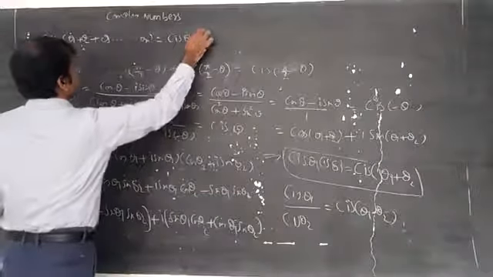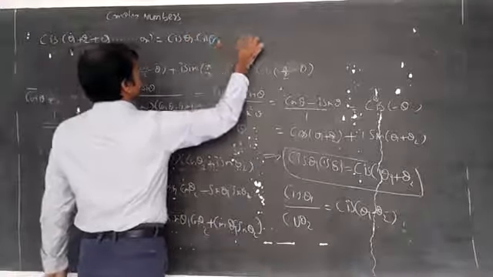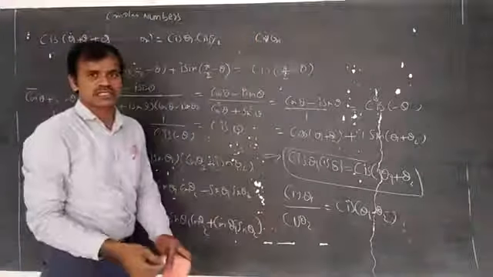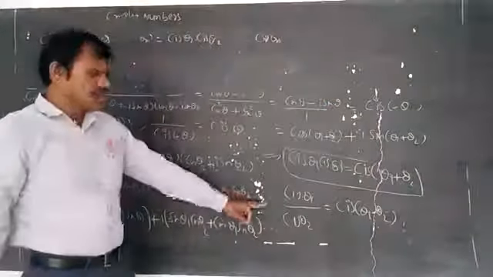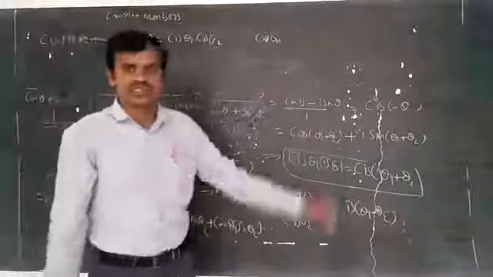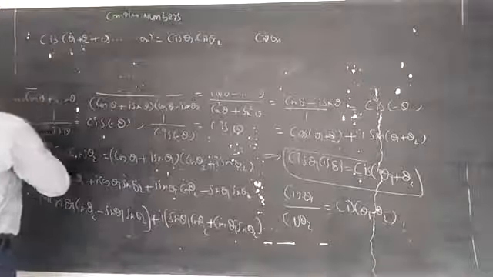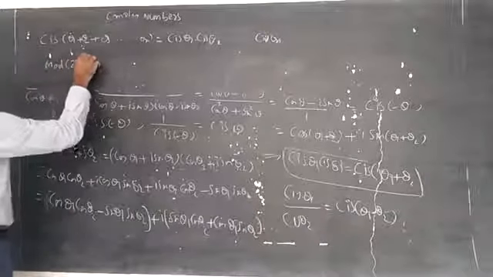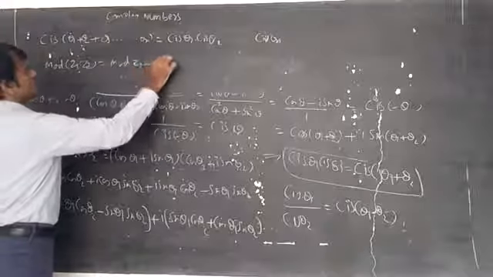In reverse we should write cis theta 1 into cis theta 2 and so on into cis theta n. So it is nothing but the logarithm concept. Whenever into is there, you get plus; whenever by is there, you get minus. Now the last formula: mod of z1 dot z2 is equal to mod z1 into mod z2.